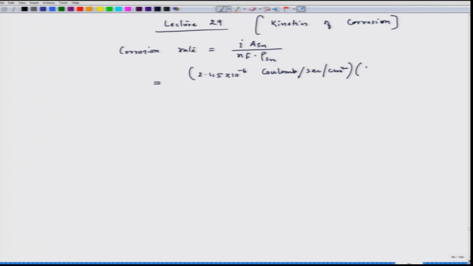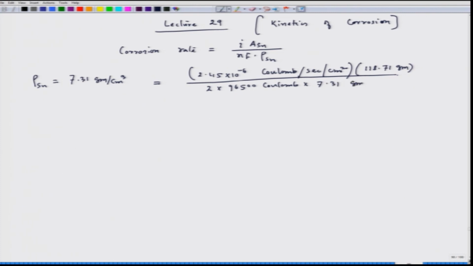The atomic weight of Sn is 118.71 gram, and N is equal to 2, F is equal to 96500 coulomb, into rho. The rho of Sn is equal to 7.31 gram per cc, or gram per centimeter cube.